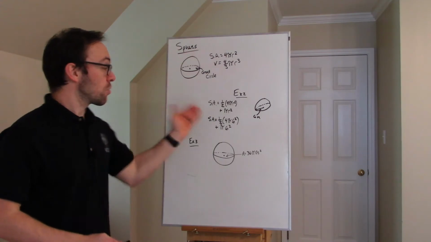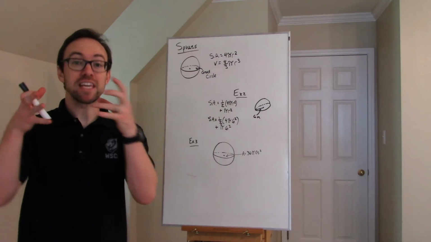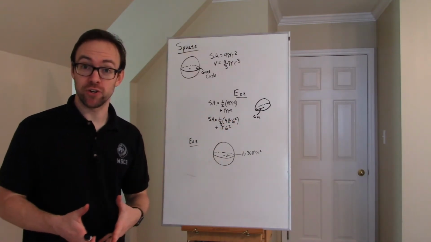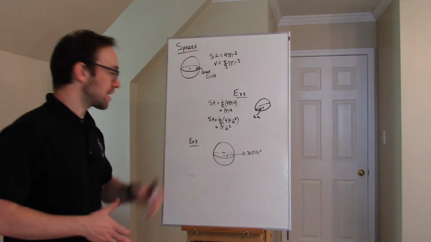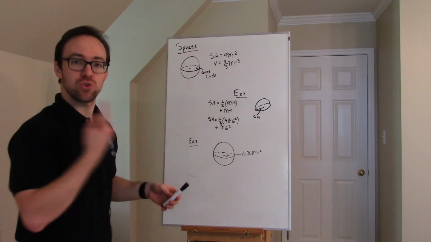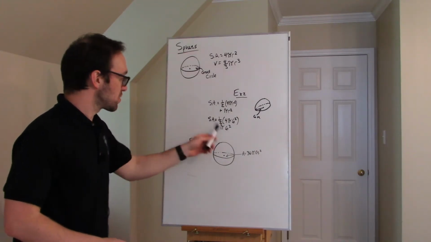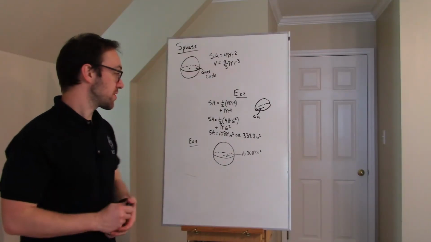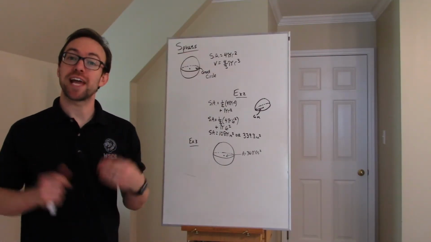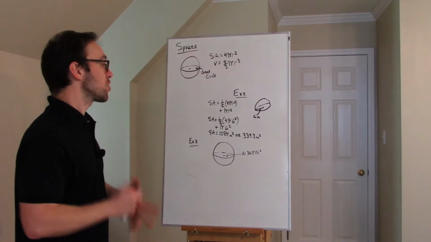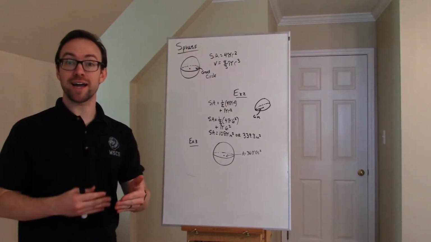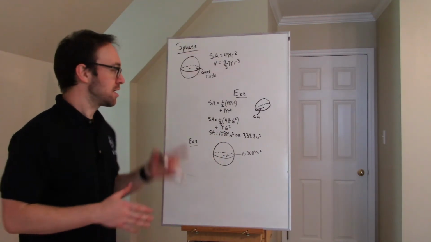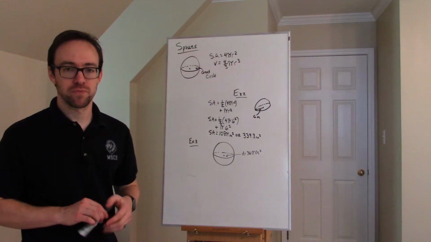So the surface area is 1/2 times the regular surface area of the sphere, so 4 pi 6 squared, plus the area of the circle, which is pi 6 squared. So the surface area for example 2 would be 108 pi meters squared, or if you plugged in pi or the 3.14, you would get 339.3 meters squared.